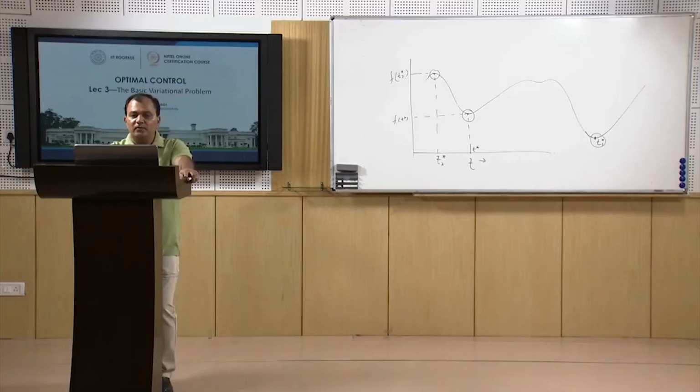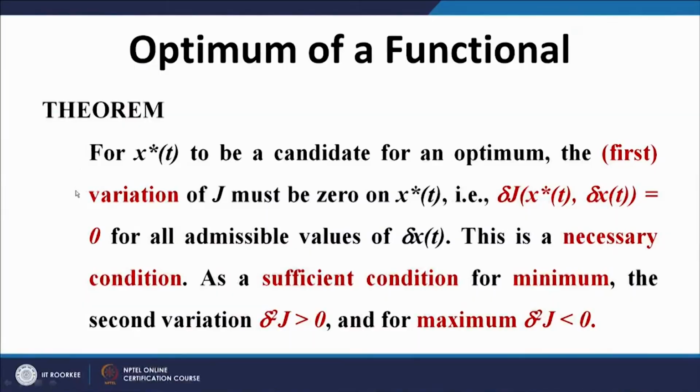On this basis we will have the fundamental theorem of calculus of variation, which states that for x star to be a candidate for an optimum, the first variation of J must be 0. This means we are saying δJ is equal to 0 if x star is an optimum point.